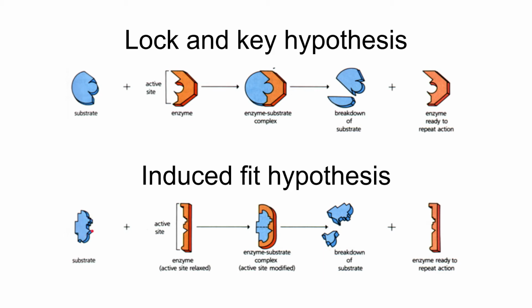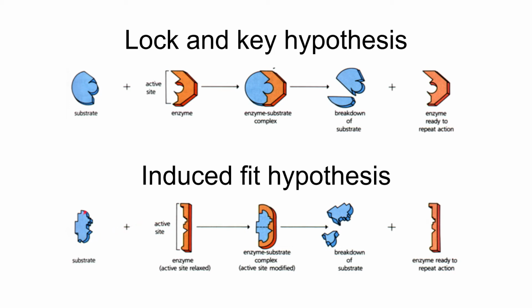If it's not facing this way, if it's the wrong way up, then it's not going to be complementary to the active site. Equally, when the substrate collides with the active site, it needs to be colliding at the correct speed. If it's too fast, then it might just rebound off. And if it's too slow, then it might not cause the bonding within the enzyme to change. It might not cause the active site to become complementary. So the speed and orientation at which this collides with the enzyme is very important.